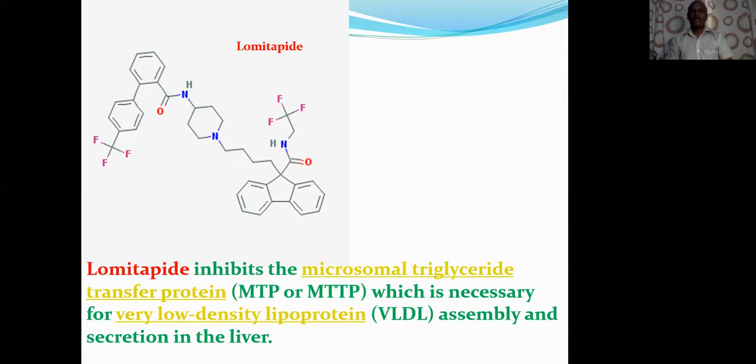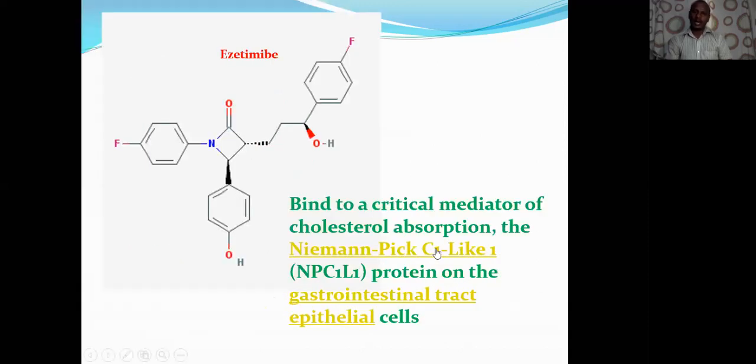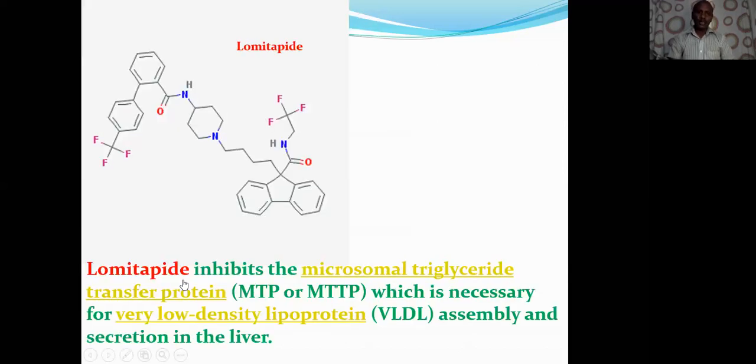Apart from that, these are the newer classes. The first inhibits the cholesterol transporter from the GIT. The second is lomitapide, which inhibits the microsomal triglyceride transfer protein, MTP or MTTP, you can call it.